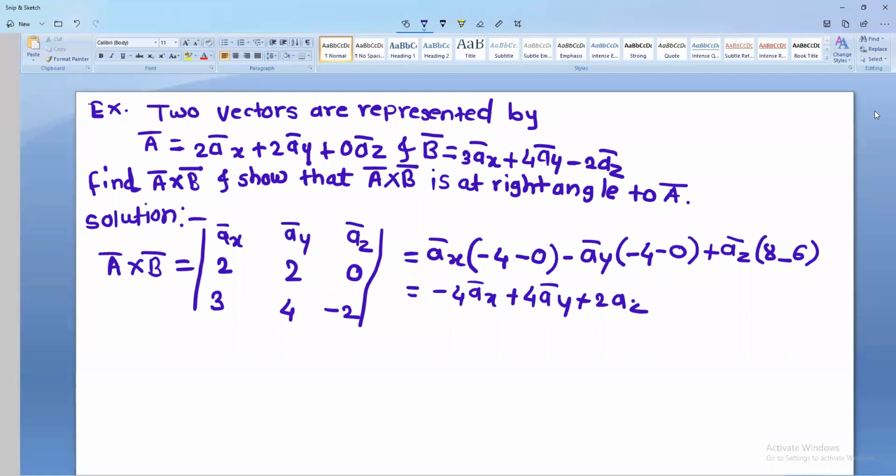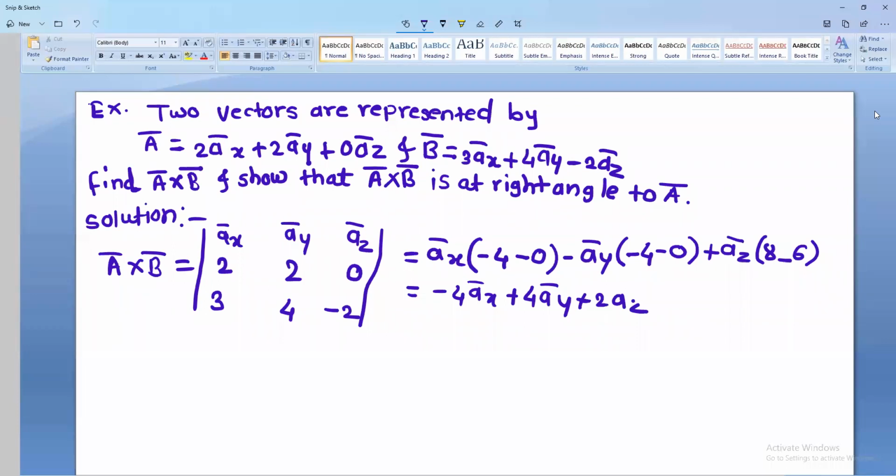Now show that a bar cross b bar is at right angle to a bar. How can we show this? Can we take the dot product? Can we take the cross product?